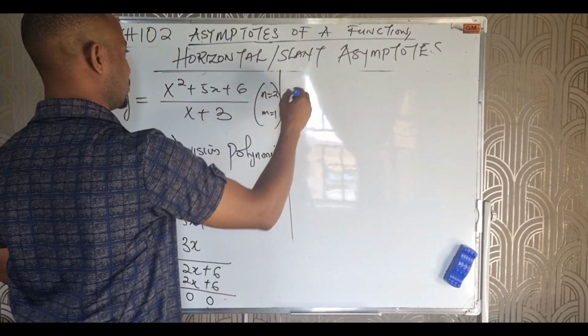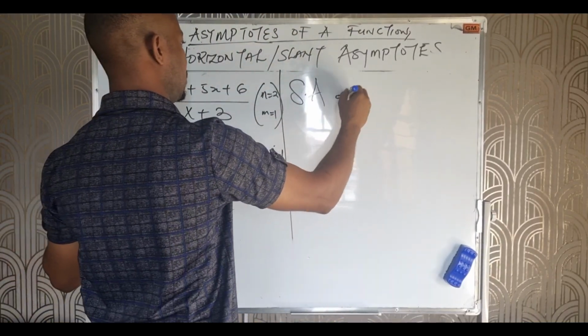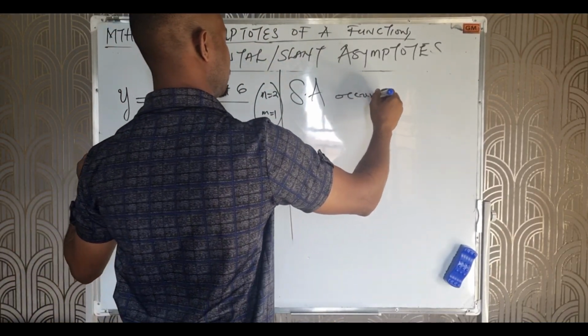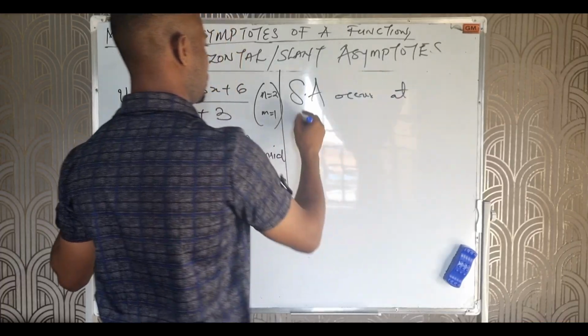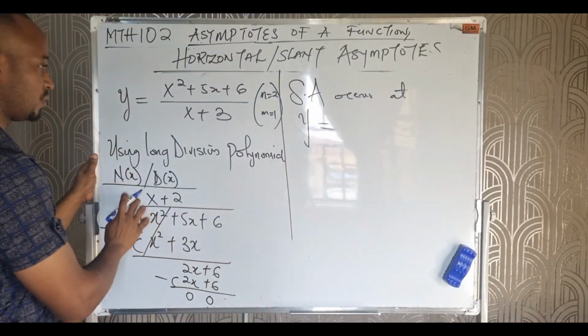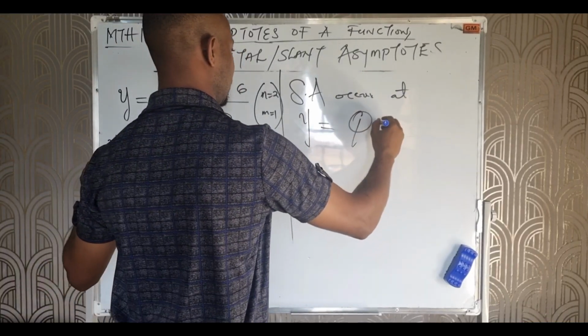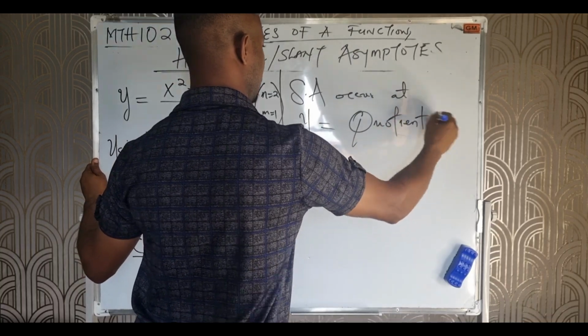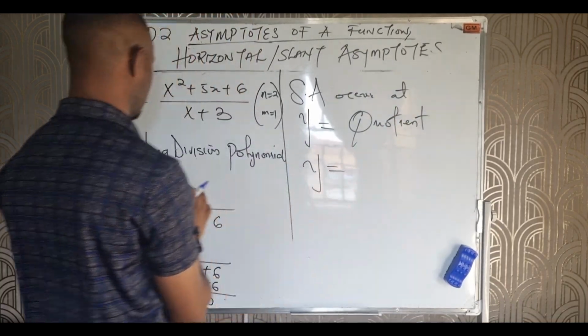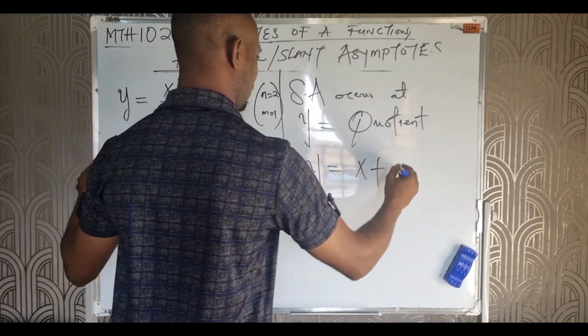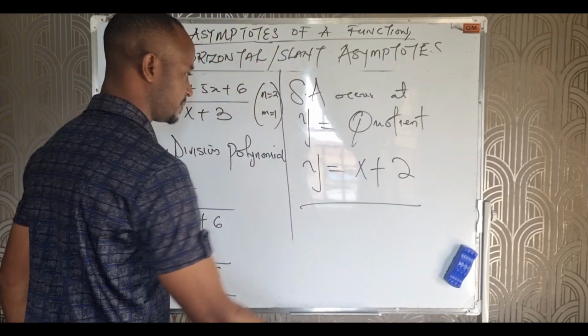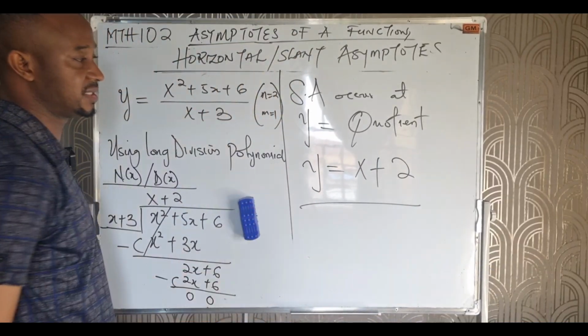The slant asymptote occurs at y equals the quotient, which is y equals x plus 2. Okay, this is the answer here.